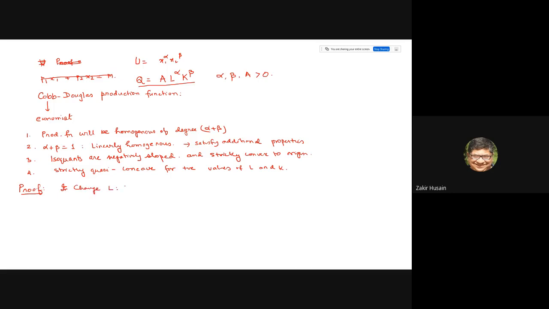So change labor into lambda L, capital into lambda K. So what is Q? If I pull out lambda, what do I get?